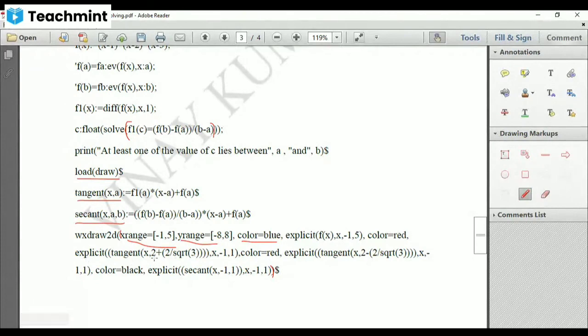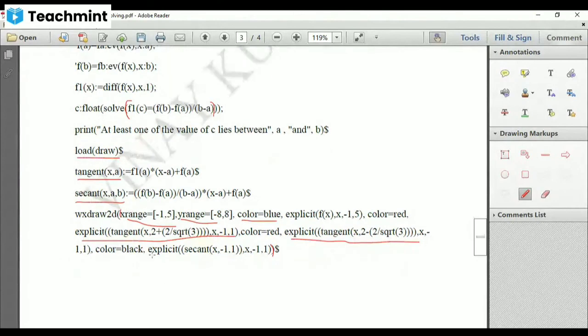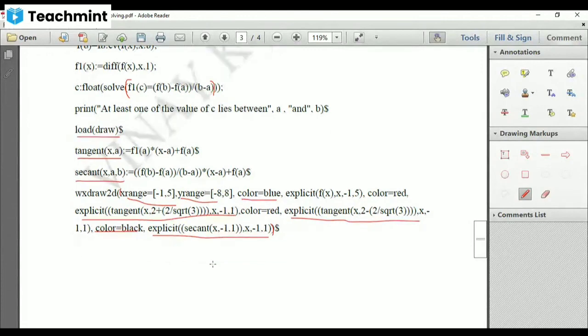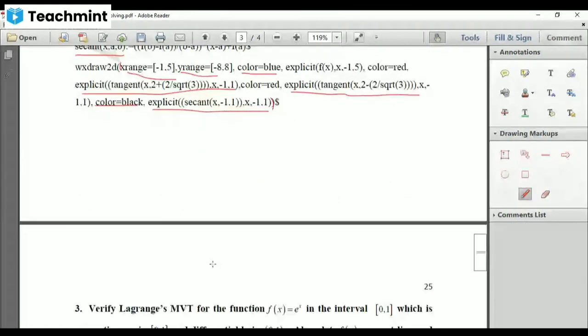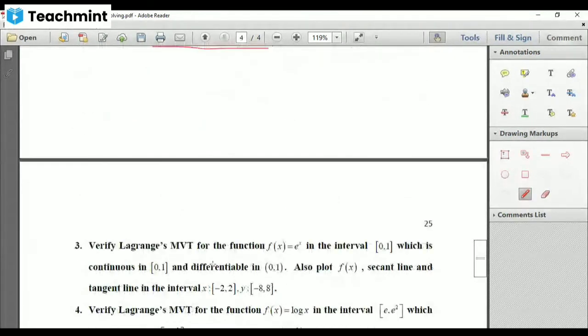One tangent at 2 plus 2 by square root of 3 with color red, and another tangent at 2 minus 2 by square root of 3, also with color red. Is that right? Then with color black, define the secant line by this command. This command gives you the secant line. So this is how you have to write the Maxima program, right? And to plot the graph also: the graph of f of x, secant line, and tangent line.